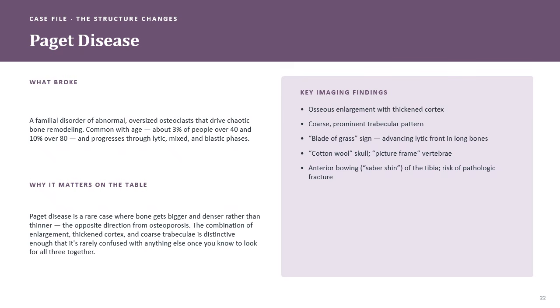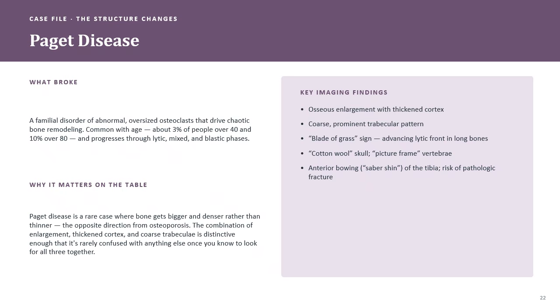Now we're moving on to our case files, and the first case file is about Paget's disease. In Paget's disease, we're talking about those structural bone changes. Paget's disease typically runs in families, and the disease actually makes certain bone cells, specifically osteoclasts, go into overdrive. So they're working overtime.